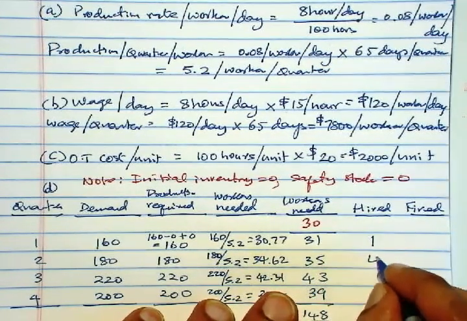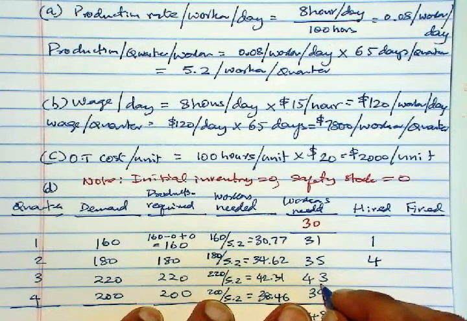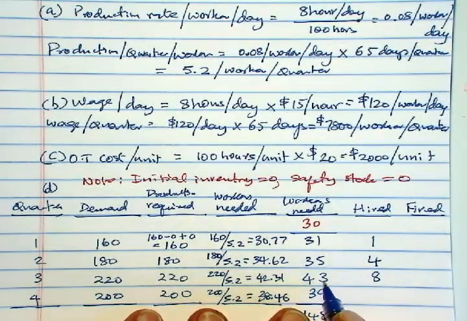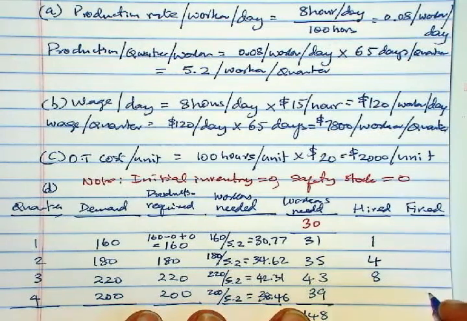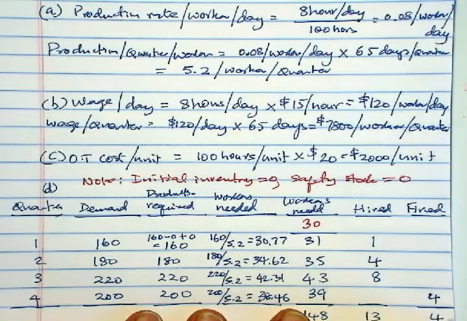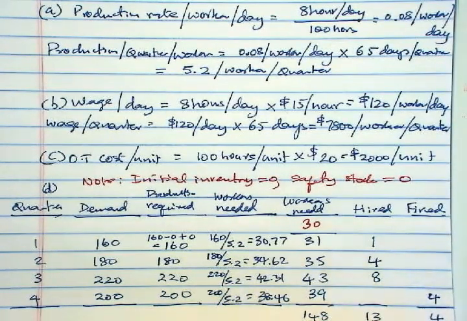Here we have to hire 4 more workers. Then 35 to 43 we have to hire 8 more workers. And now we are going down from 43 to 39, so we have to fire 4 workers. So total hired will be 13, total fired will be 4.